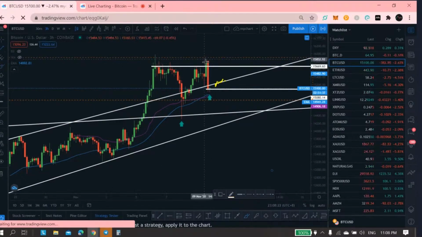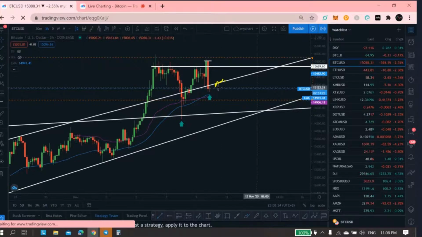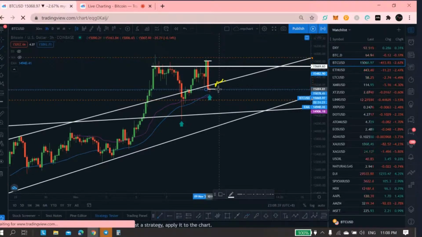This one, because this is the resistance. Normally I plot something like that. And this one is also possibly a support if it holds. That's 15,080. So yeah, if it holds, possibly it will continue to trend higher.